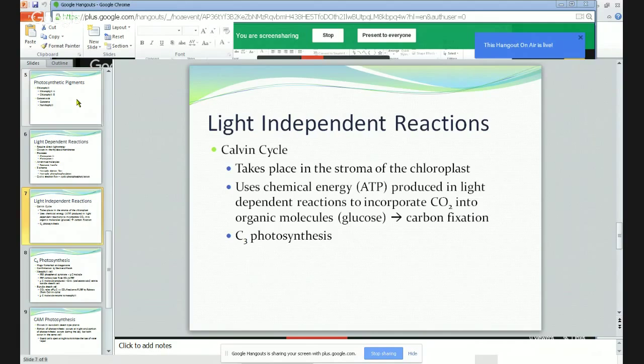You're going to pop those carbons from the carbon dioxide, and then piece them together, or fixate them together, to make those glucose molecules. This is sometimes also called C3 photosynthesis. Any plants that are considered C3 are going to go through this, and that's a lot of common plants, like beans, carrots, spinach, a lot of trees.